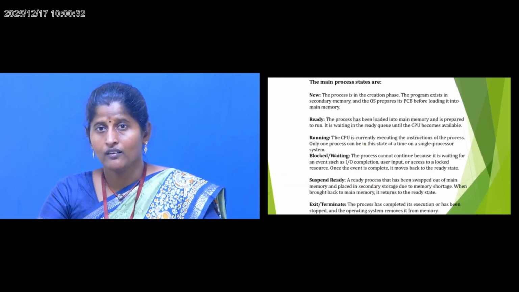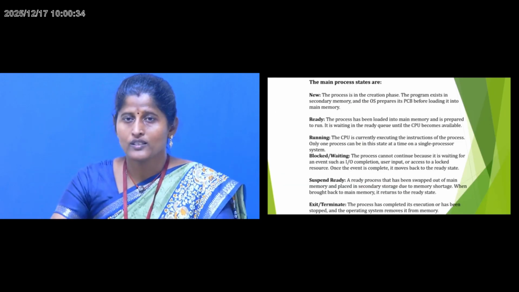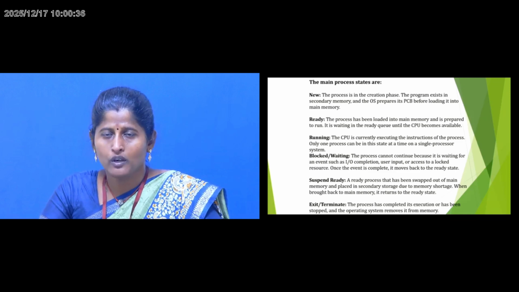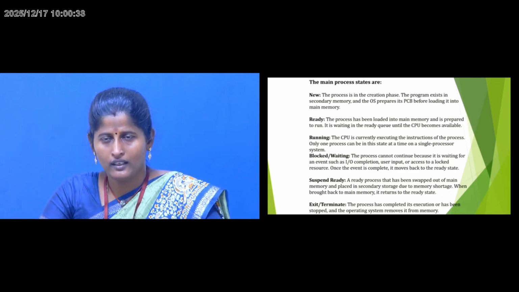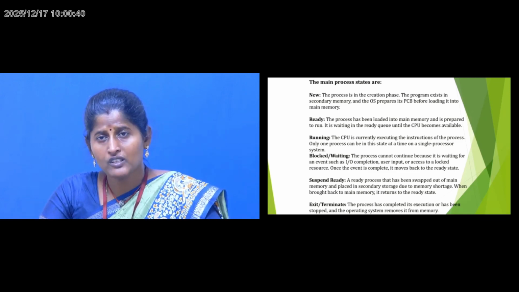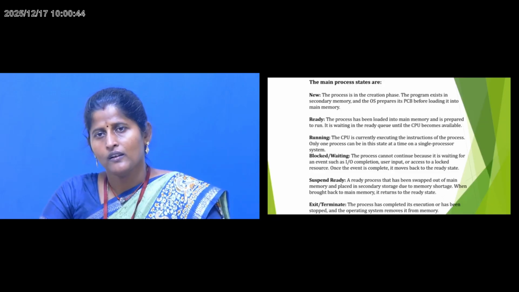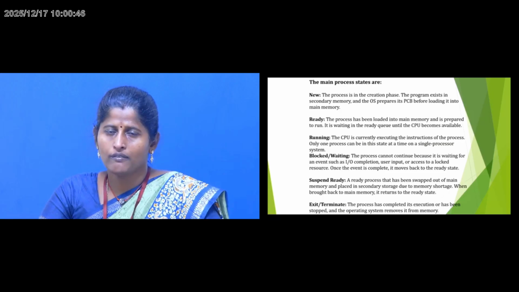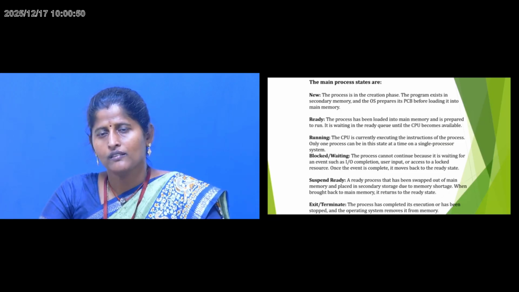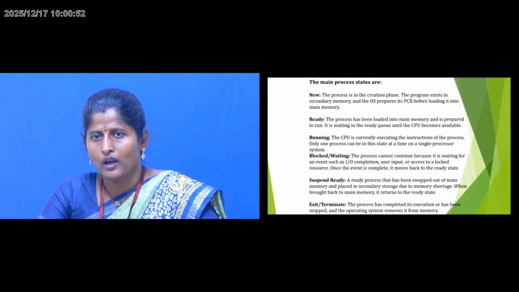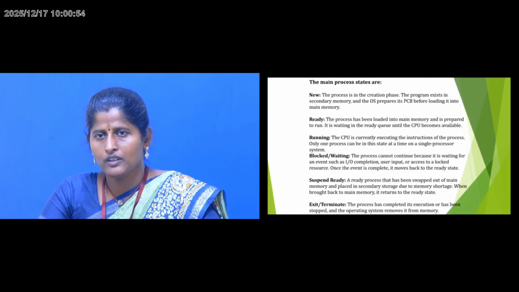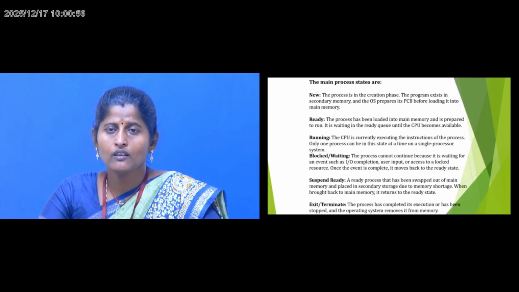So here we explained about the process. New is a program that is newly created. The program which is ready for execution is called the new process. If the process is prepared for executing, it is in the ready state. The CPU runs the process; in our example, P3 is the running process.